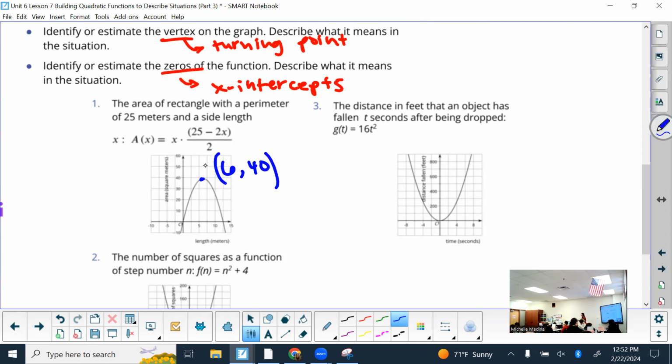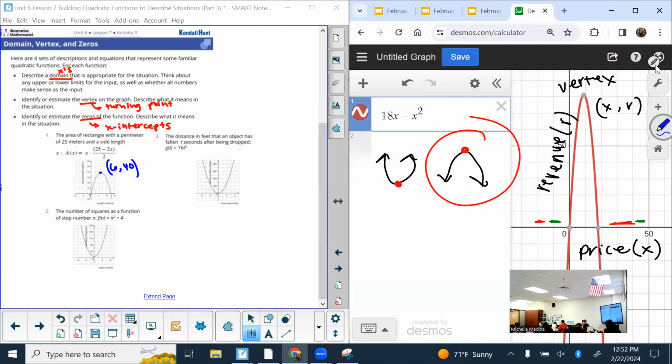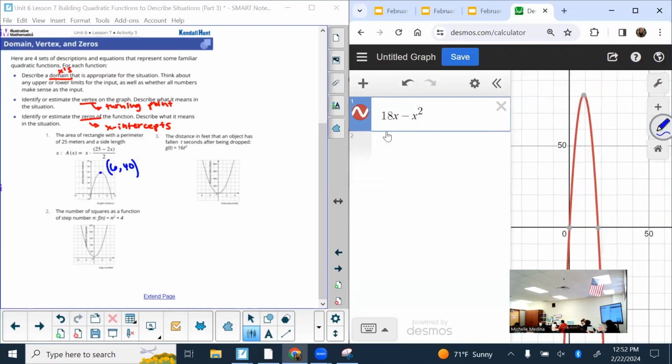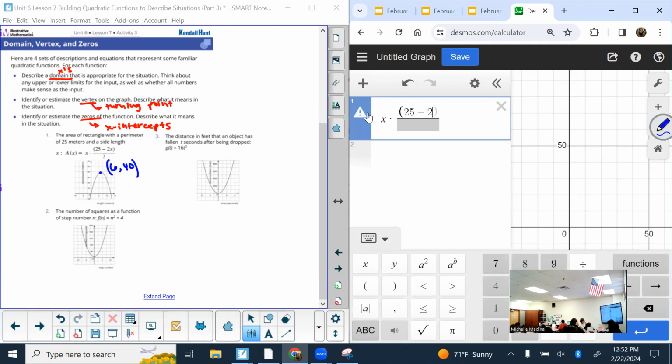So this one, I would actually probably, because it's hard to estimate, I get it. It does give you the expression for all of them. But I do think that the y is just a little bit under 40. So let me pull up my Desmos and we can see what it is exactly. So we have x times 25 minus 2x over 2.